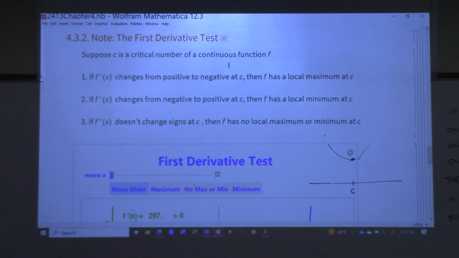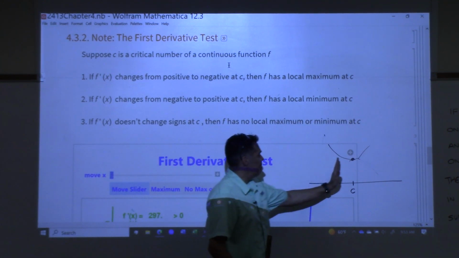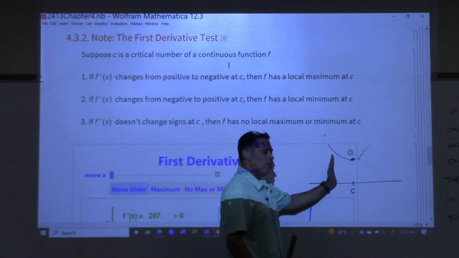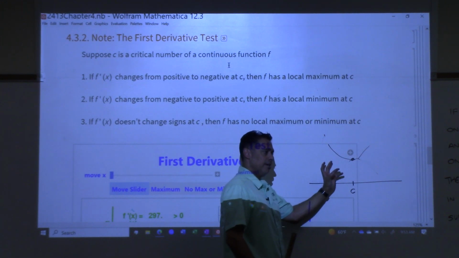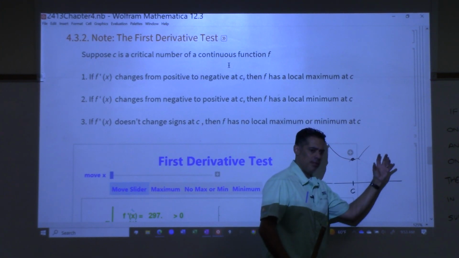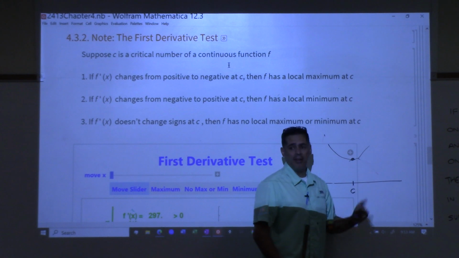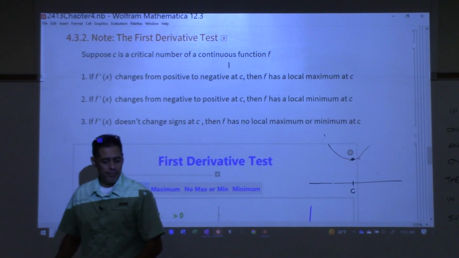Or if it stays negative, goes negative to negative, then it's not going to be a local max or min. So what we're looking for is a change in the derivative on each side of the critical number, right? On the left side, we want to see what the derivative is doing here, and then go over there and look at what the derivative is doing there. And if there's a change in sign, we're going to have either a local max or min.